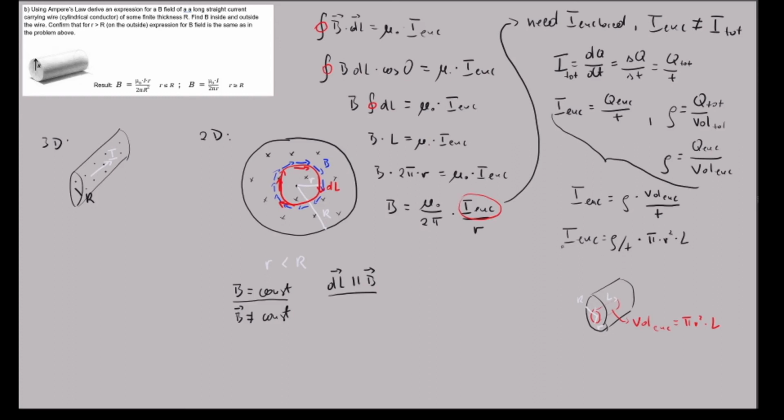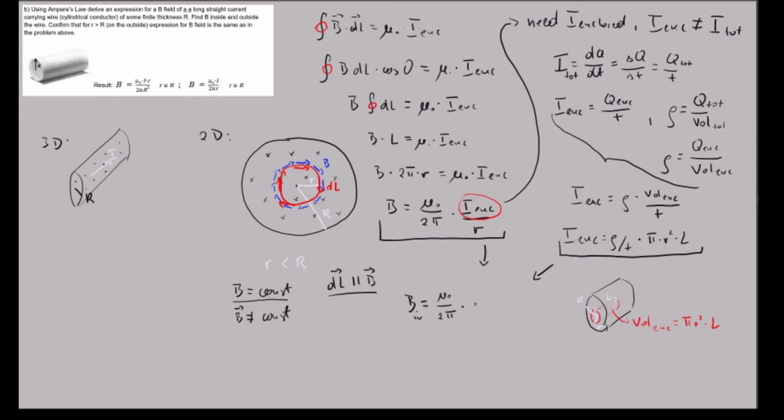All right, so now that we have this equation and this equation, we can combine the two and see what we get out of the two. By combining the two, we get the following expression: the magnetic field on the inside is equal to mu naught over 2 pi times, well, let's just copy this thing over.